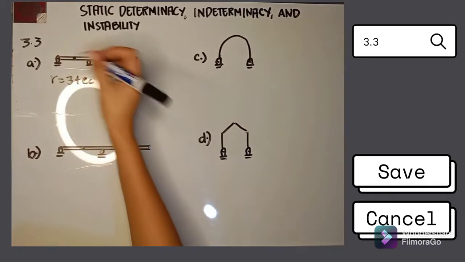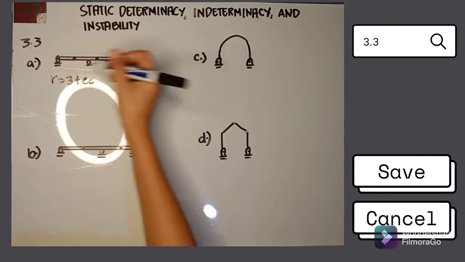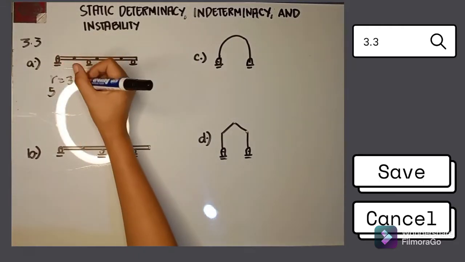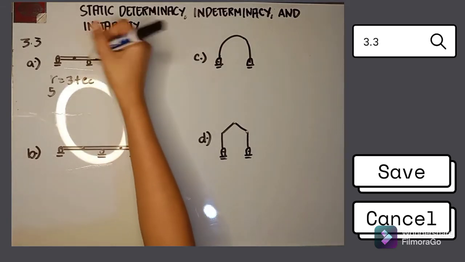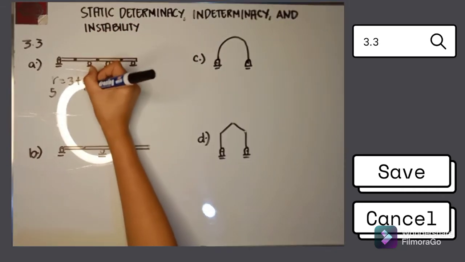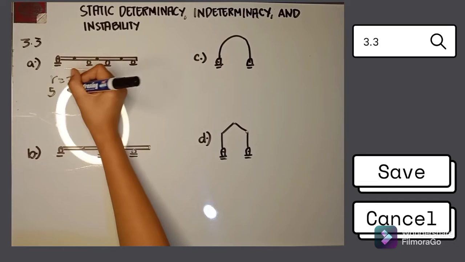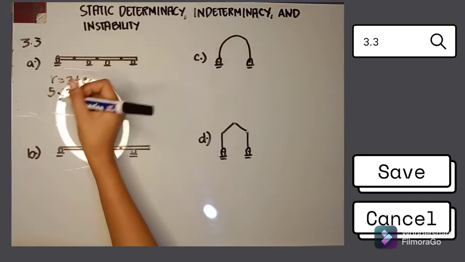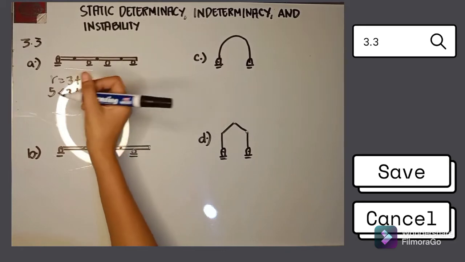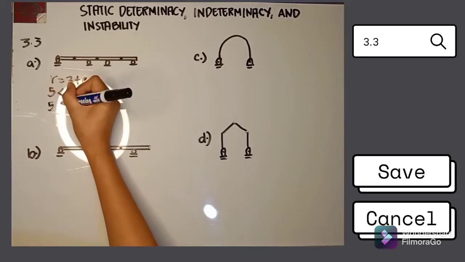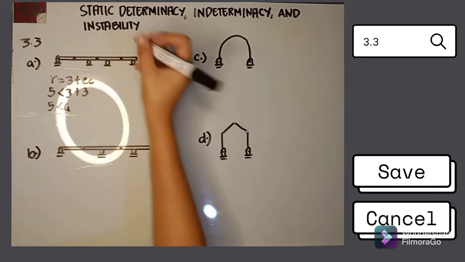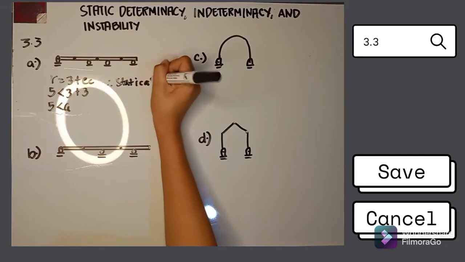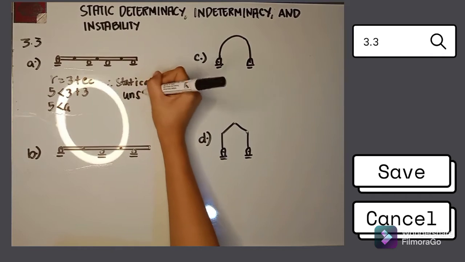The total number of external reactions is 2, 3, 4, 5, so 5, and for EC you have 3, so 3 plus 3, which is 6. So, 5 is less than 6, meaning this beam is statically unstable.